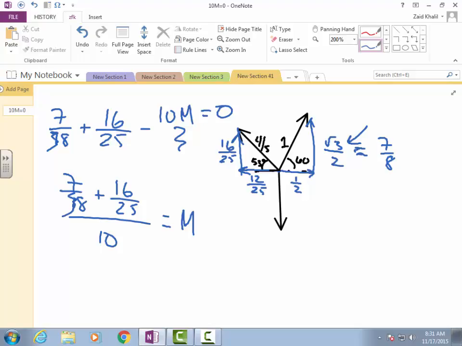The length of this is 120 centimeters. The base is 96 centimeters, and the height is 72 centimeters. 96, 72, 120.